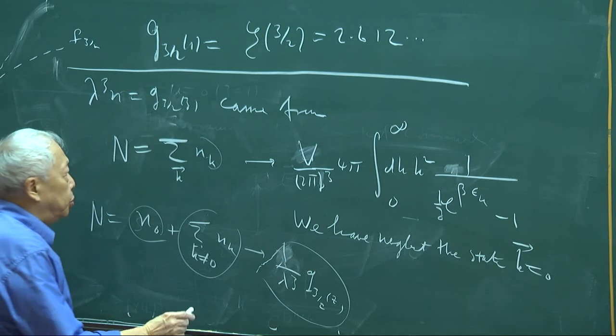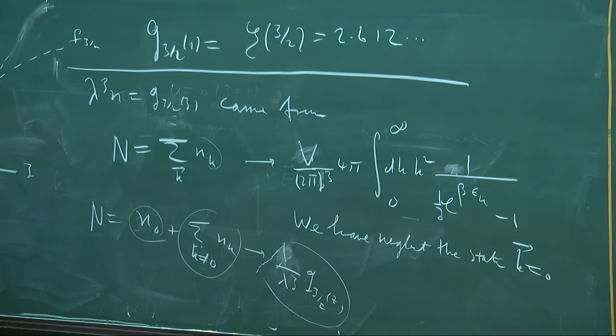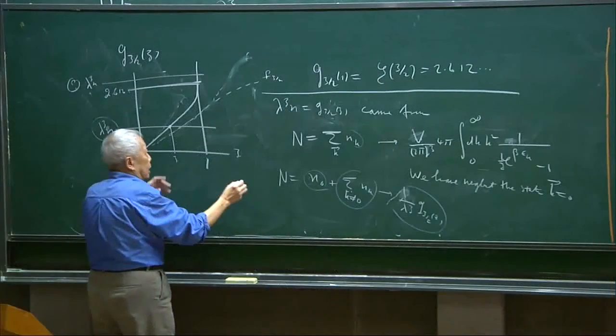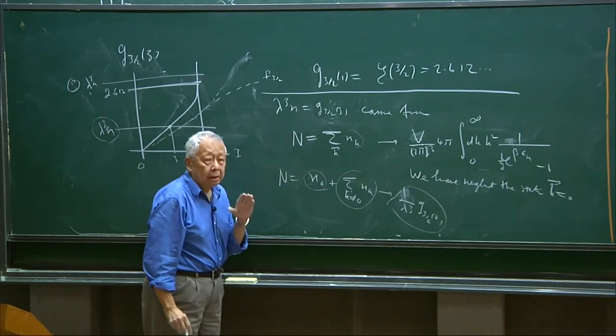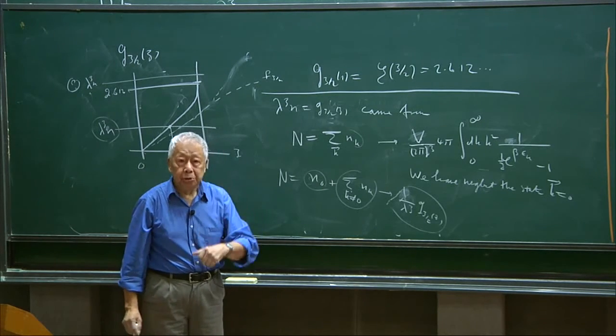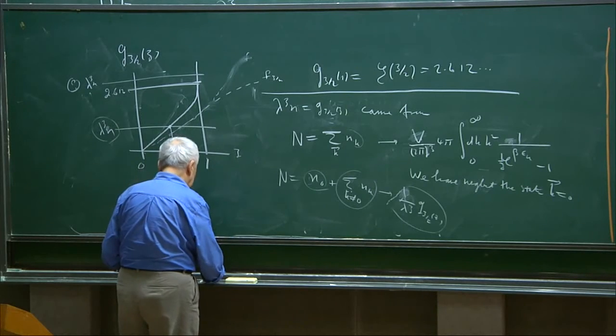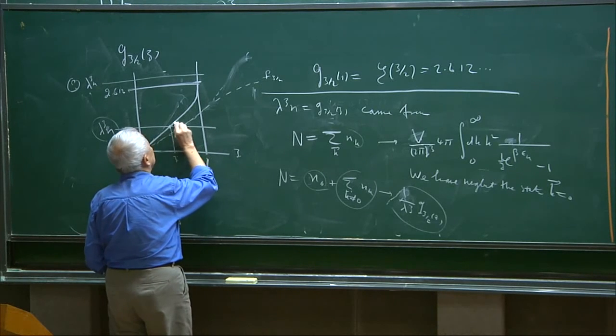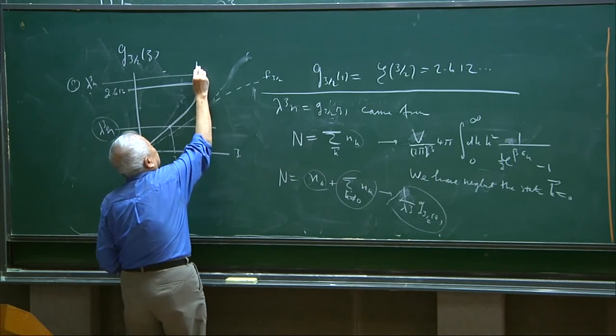So when you jack up lambda, when you reach this point, the excited spectrum does not have room to accommodate all the particles. And the other particles are forced to go into the 0 state. That is, this curve is continued upwards. This curve really goes down here, and it goes upwards like this.